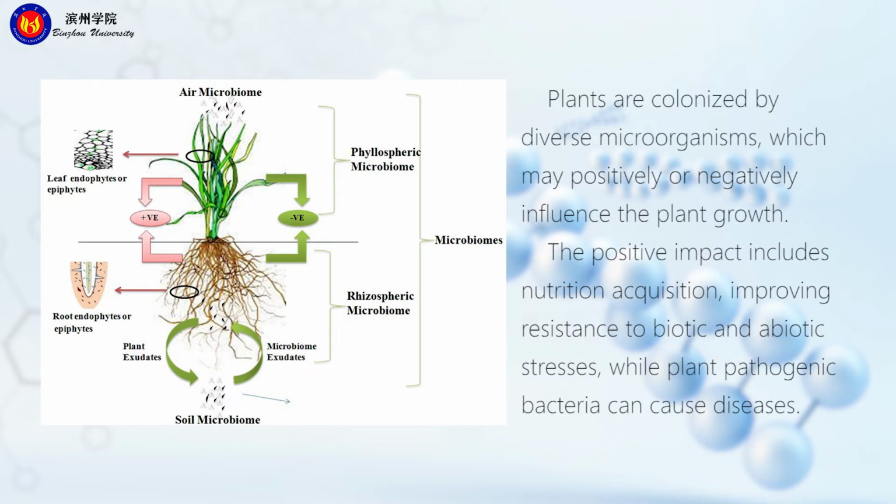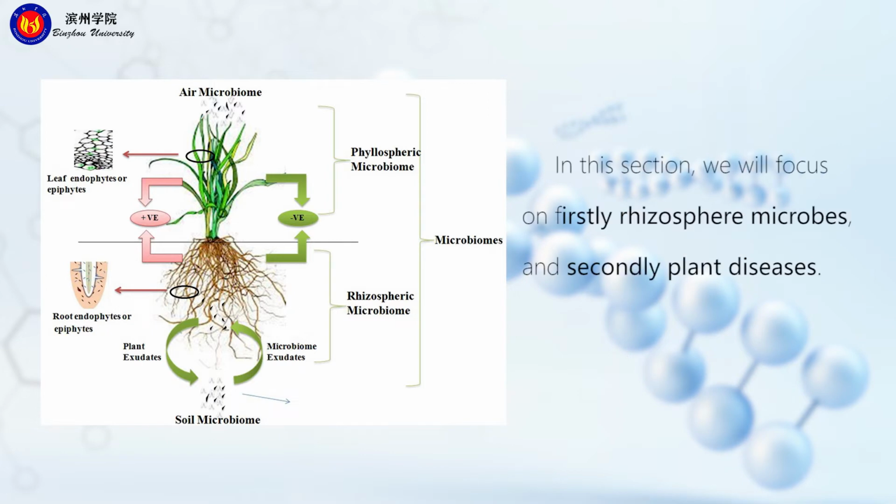The positive impact includes nutrition acquisition, improving resistance to biotic and abiotic stresses, while plant pathogenic bacteria can cause disease. In this section, we will focus on, firstly, rhizosphere microbes, and secondly, the plant disease.